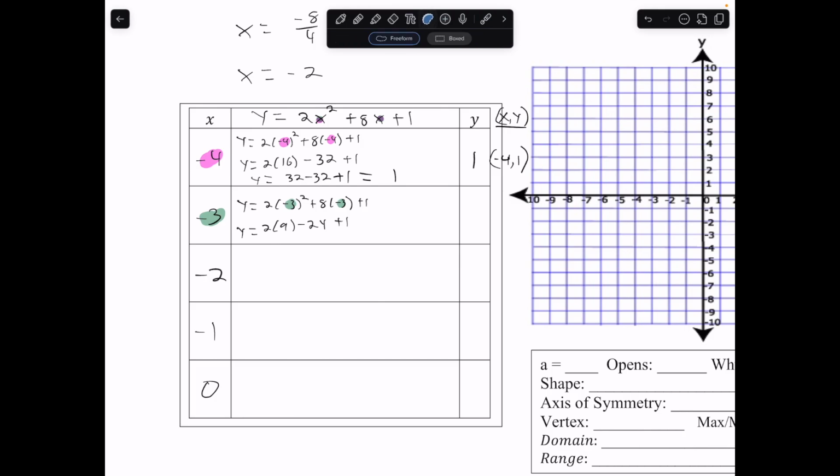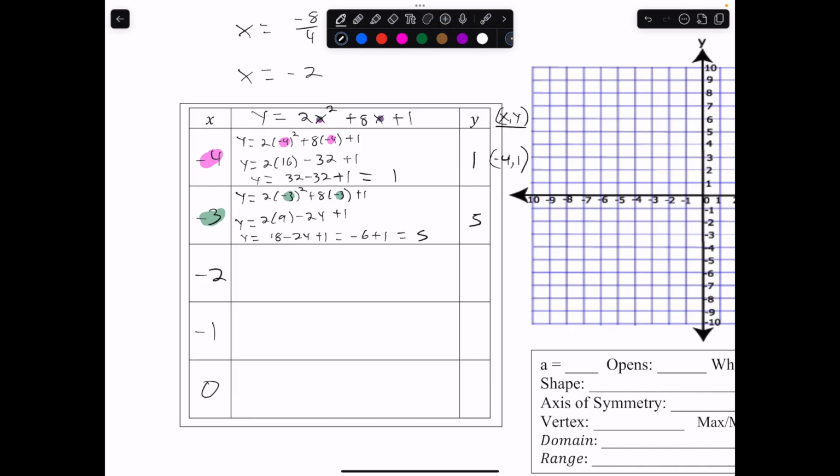I wrote too big there, so let me shift this up just a little bit. Then we have y is equal to 18 minus 24 plus 1, which is equal to negative 6 plus 1, which is equal to 5. So our next ordered pair is going to be negative 3 comma 5.